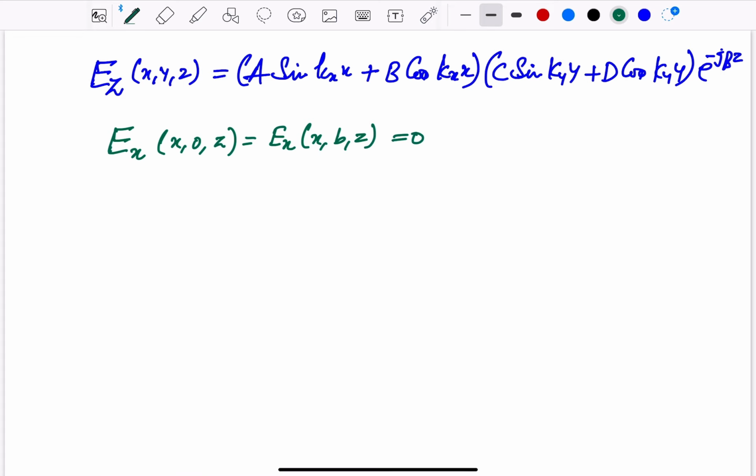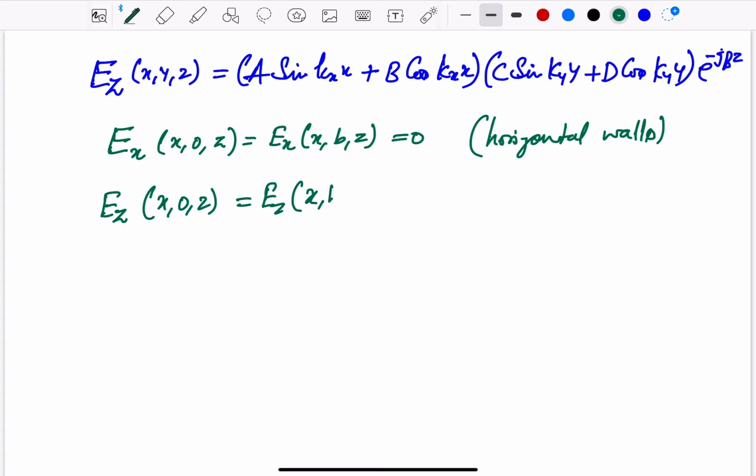So this is actually the Ex component. That Ex tangential component on the horizontal walls will be 0. Fine. So this is for the horizontal walls. Another thing is the Ez component, at the same location, Ez(x,0,z) and Ez(x,b,z) is equal to 0. This is again on the horizontal walls.